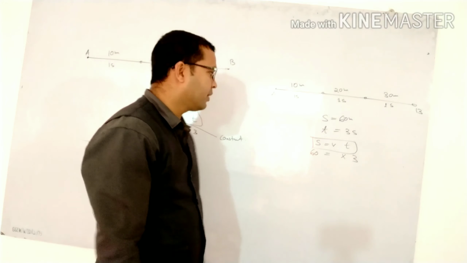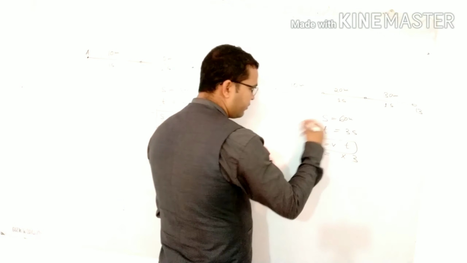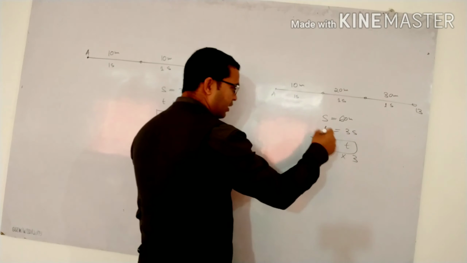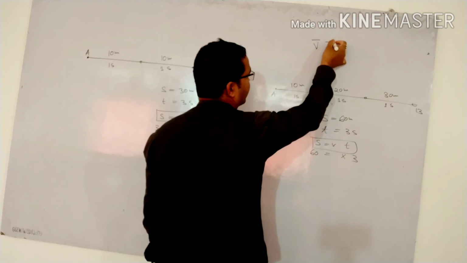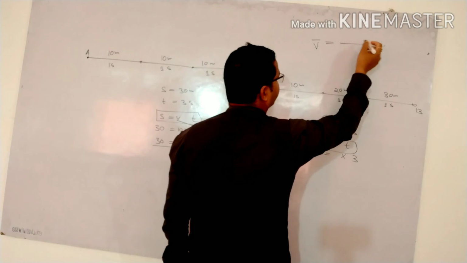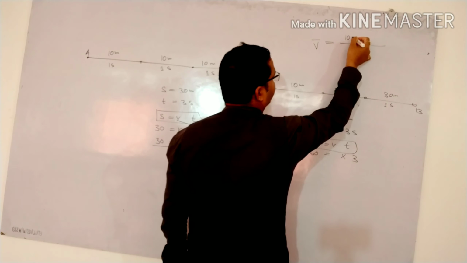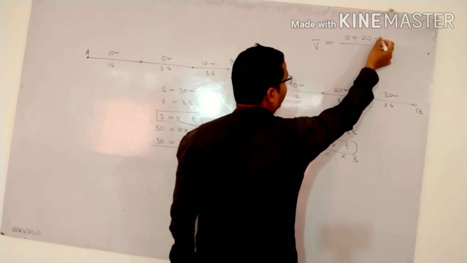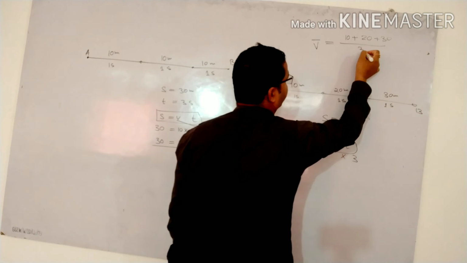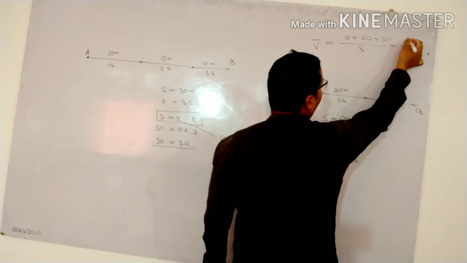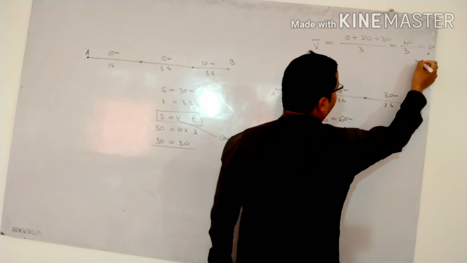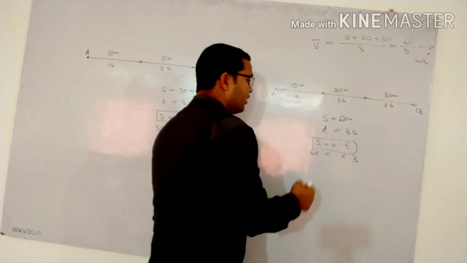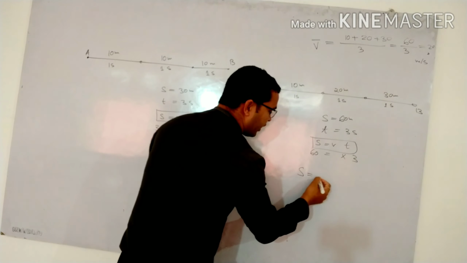But in case of non-uniform velocity, I can write a formula where we take the average velocity. Average velocity is denoted by v bar. So here the average will be what? 10 plus 20 plus 30 divided by 3. So the average velocity will be 60 by 3, which means the average velocity is equal to 20 meter per second. Now we can write the formula s is equal to v bar t.